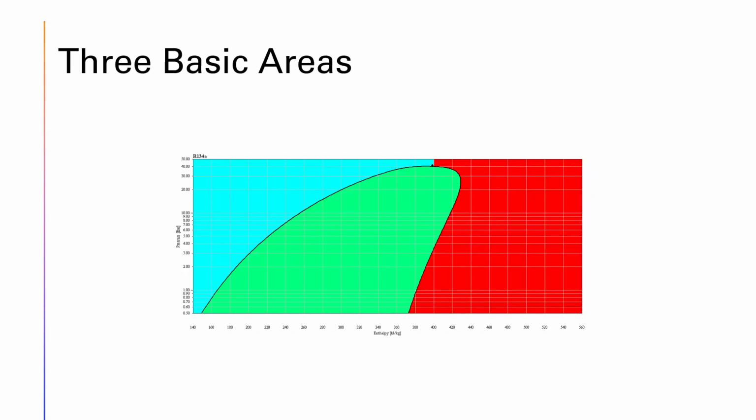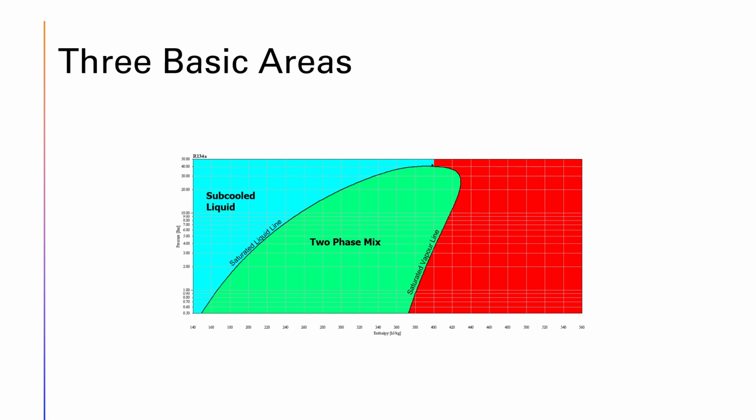So looking at this, you can see there are three main areas of the chart. We've got these two lines, which the one on the left is the saturated liquid line, and the one on the right is the saturated vapor line. Anywhere within that part, the green part of the diagram, the liquid is in a two-phase mix condition.